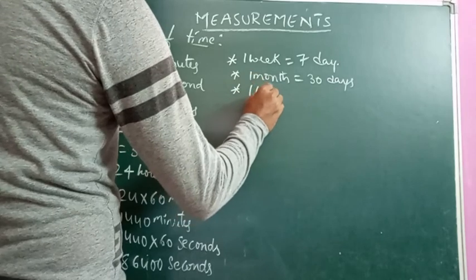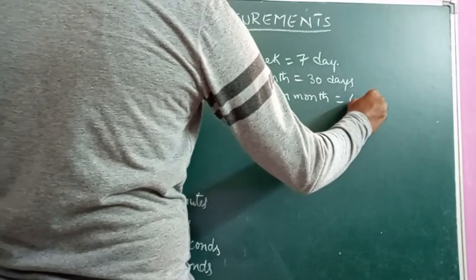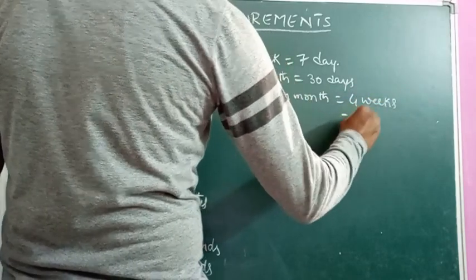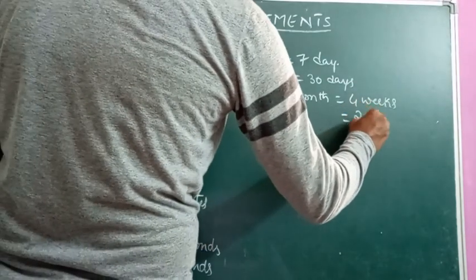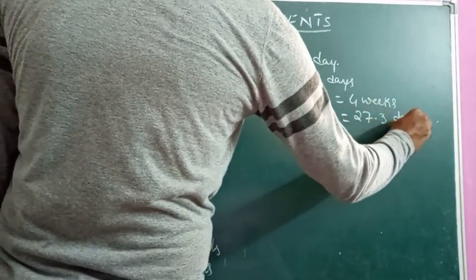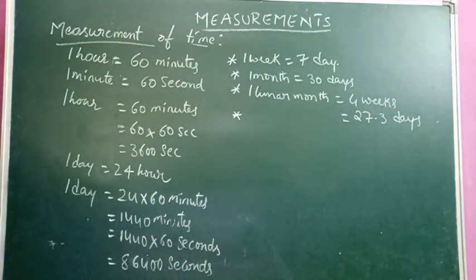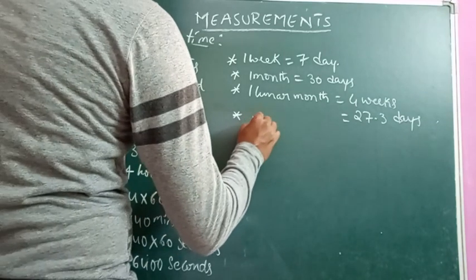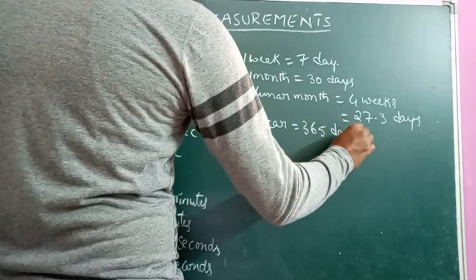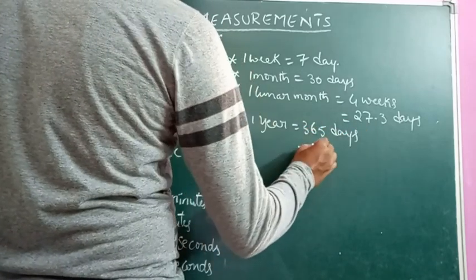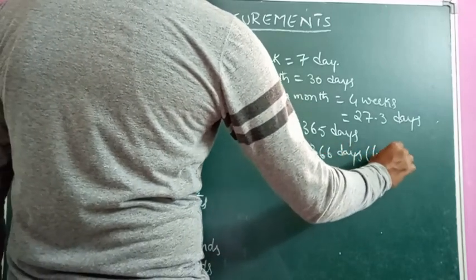One lunar month is nothing but 4 weeks, about 27.3 days on an average. Next, 1 year is on an average 365 days, and if it is a leap year, that is 366 days.